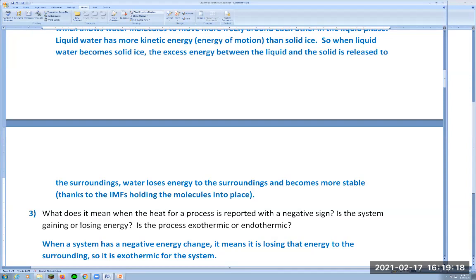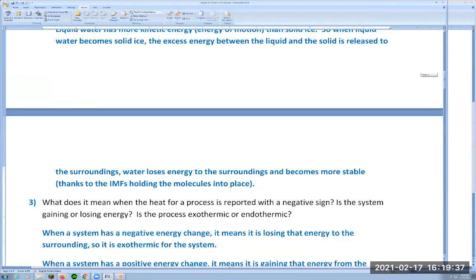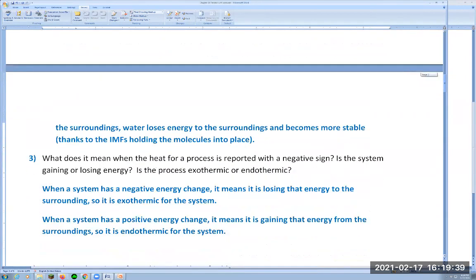Because the system is losing the energy to the surroundings. You notice here how it is important to really define your system well, because otherwise you get things inversed. So when a system has a negative energy change, it means it's losing that energy to the surroundings. So it is exothermic for the system.